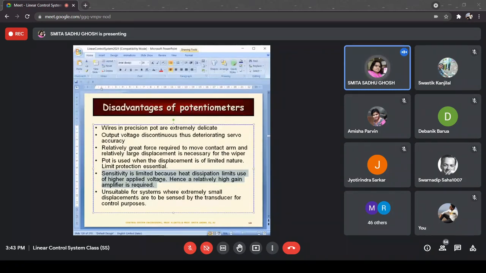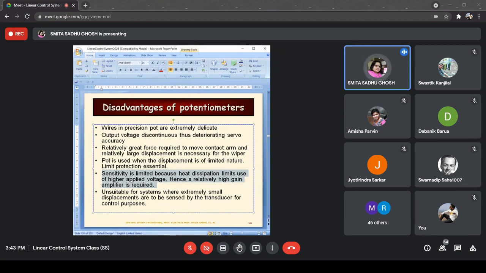So basically, you recollect, sensitivity is what? Sensitivity is E by theta m, right? Now, in order to increase sensitivity, there are two options. One option is that we would have to increase the E. E by theta m means E can be increased to increase the sensitivity, or theta m can be decreased to increase the sensitivity.